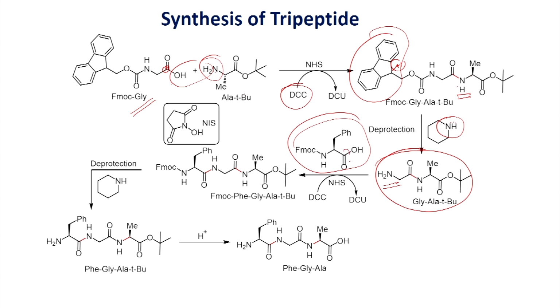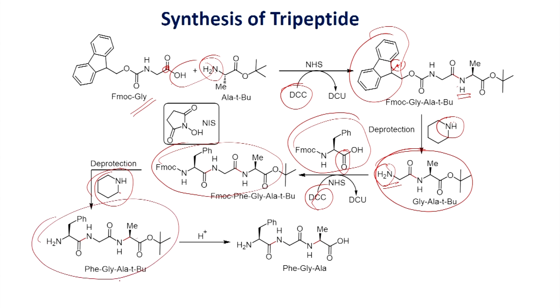an amide bond between this carboxylic acid group, carbonyl group, and this amino group using DCC once again, and then you can make this tripeptide. Once the reaction is completed, as we have seen, you can remove this protecting group using this base. You will be able to get this tripeptide, and this ester group can be easily cleaved using the acid as the catalyst.